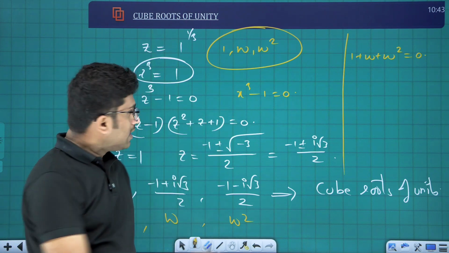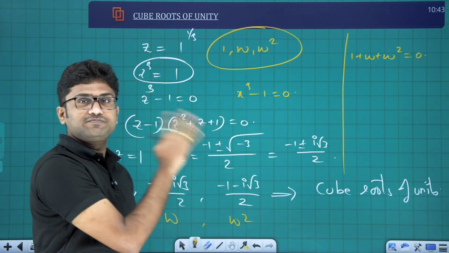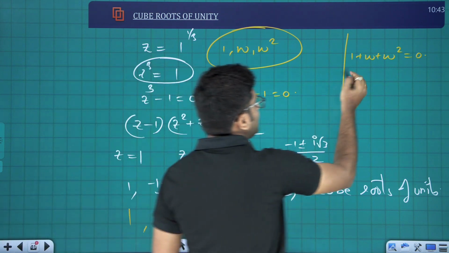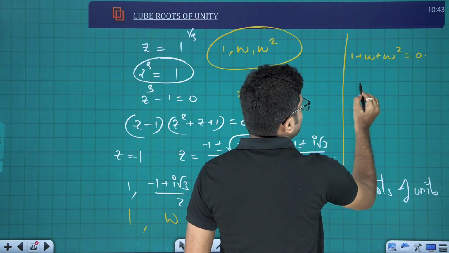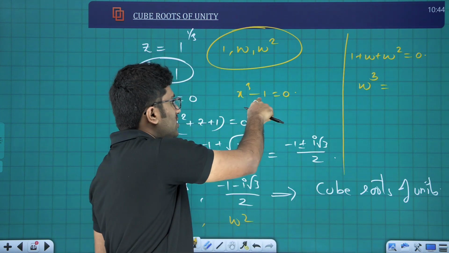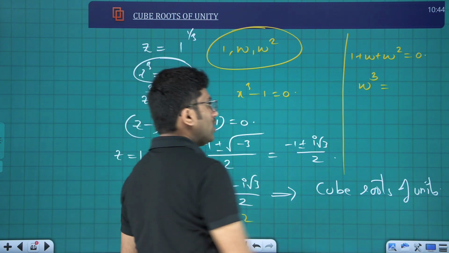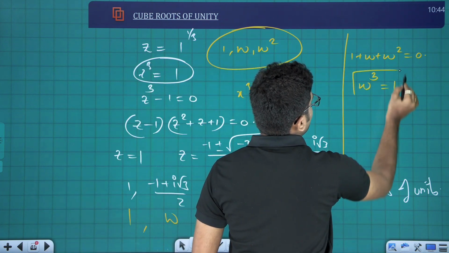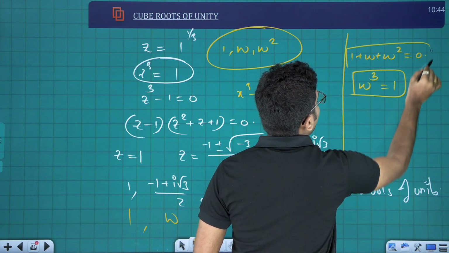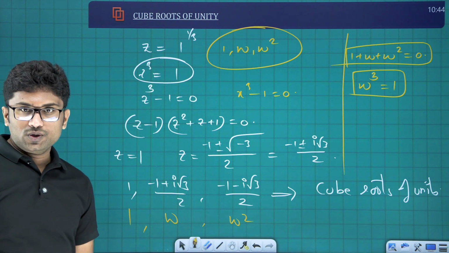Minus b by a, no? b is the coefficient of x square, and there is no x square term, that's it. Next, the product of the roots, that is 1 into omega into omega square, which is omega cube. The product of the roots in this case is minus d by a, so minus of minus 1 by 1. So the product of the roots, omega cube, is equal to 1, and the sum of the roots, 1 plus omega plus omega square, is equal to 0.